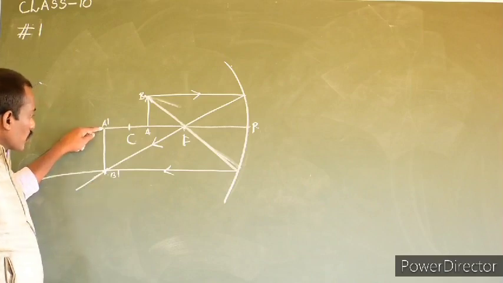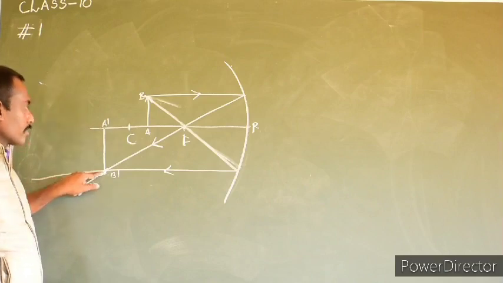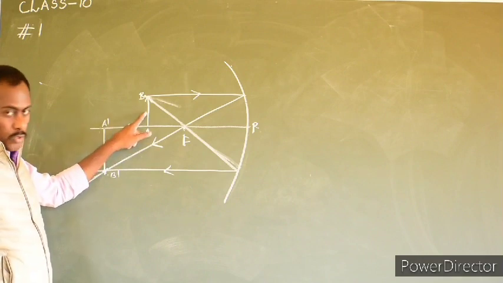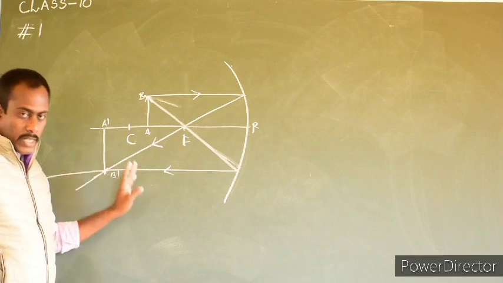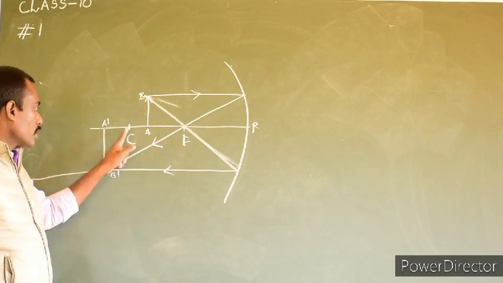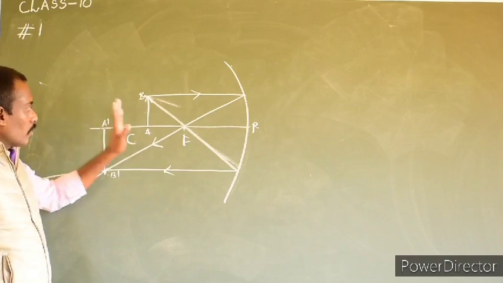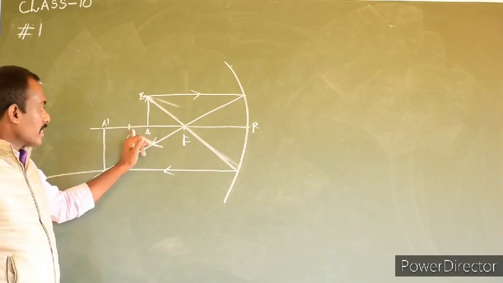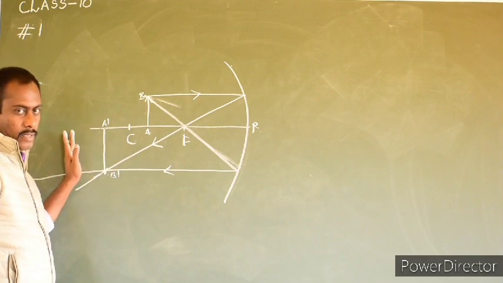And again, what about the size of the image? The size of the image is greater than the object and also inverted. And what is the location of the image? The image is formed beyond C. Okay? When the object is kept in between C and F, the image is formed beyond C.